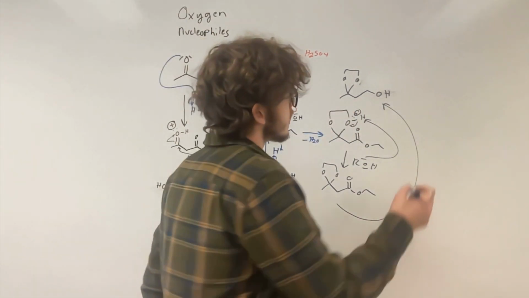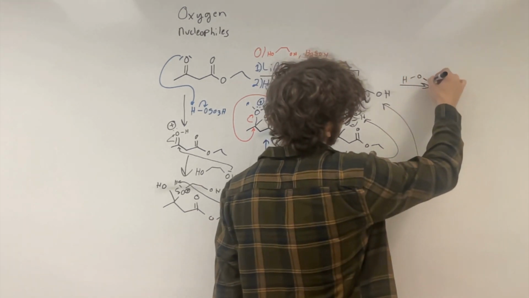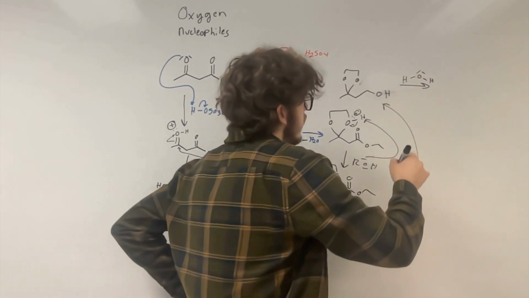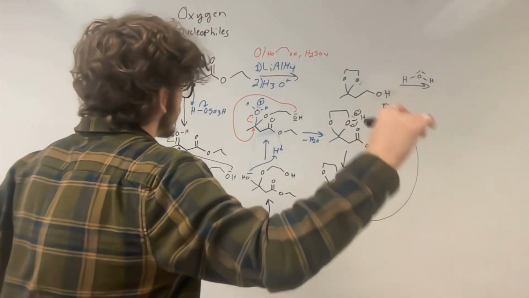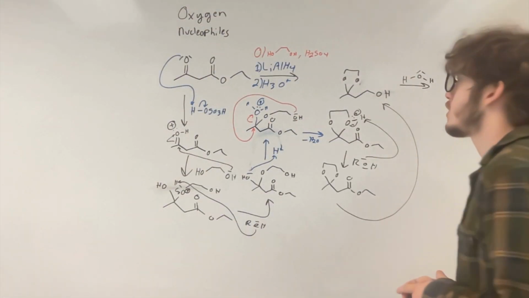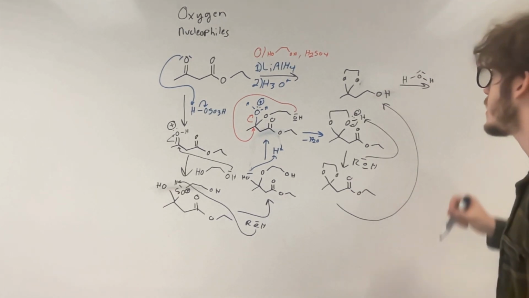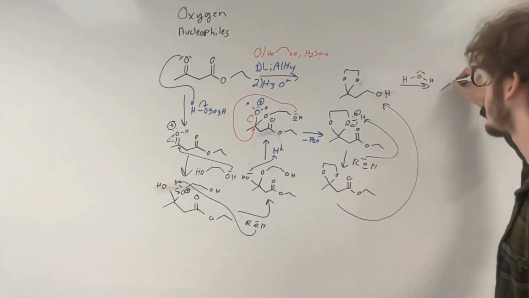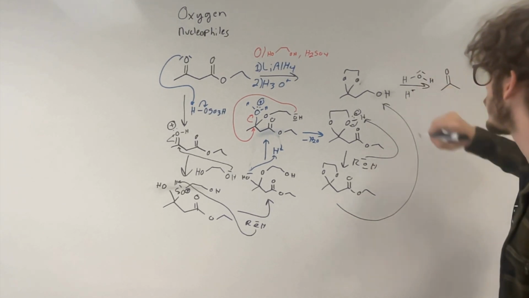The reason is that if we now use H2O, water, it's going to hydrolyze that back into the ketone. Basically, it goes in reverse of this. In the presence of water, it will kick that group right out and favor the equilibrium towards the ketone. And of course, this is under acidic conditions too.